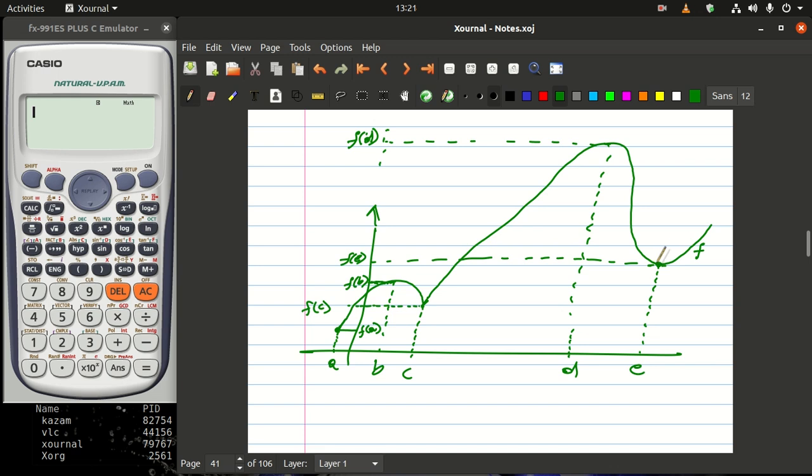Now, what is happening here is that if I look at this point here, whenever I pick a point close to E, I hit the output here. So this output is always above this point. And if I pick a point on the right of E and check its output, I will find that the point here is always above this point.